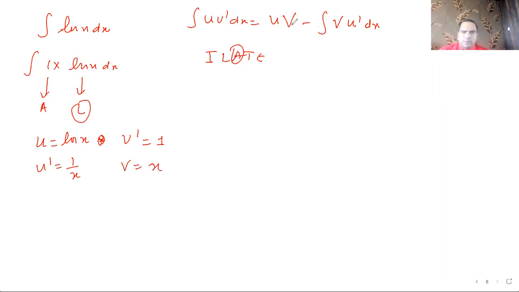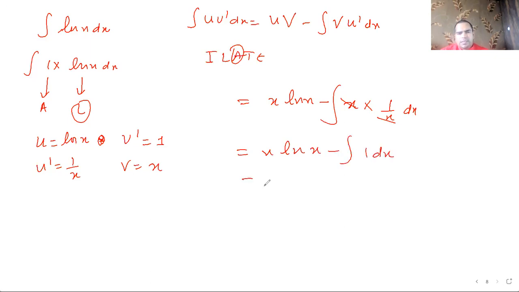So now I put in the formula uv, which is x ln x, minus v, which is x, times u dash, which is 1 upon x. x and x cancel, so you get x ln x minus integration of 1 dx, which is x ln x minus x, since integration of 1 is x, plus c. So this is the integration of ln x. Very important result, asked several times in the exams.